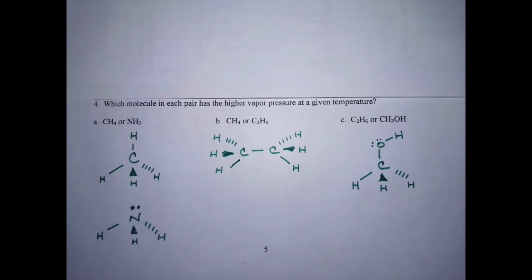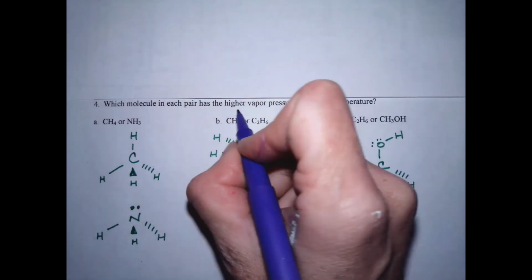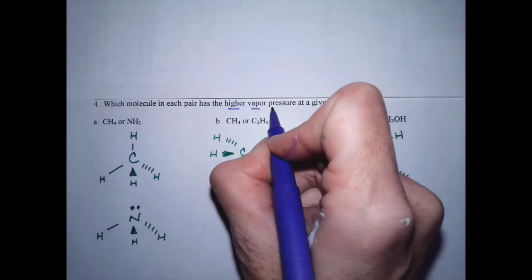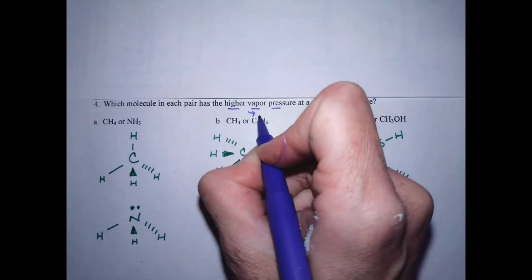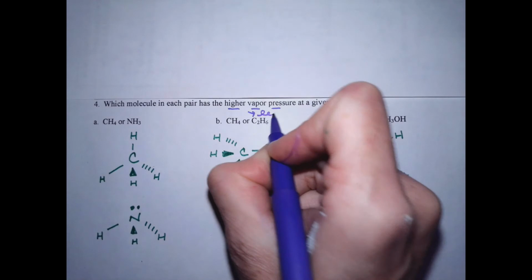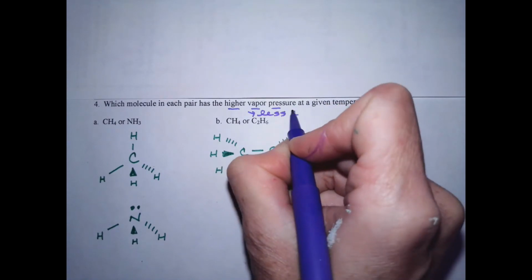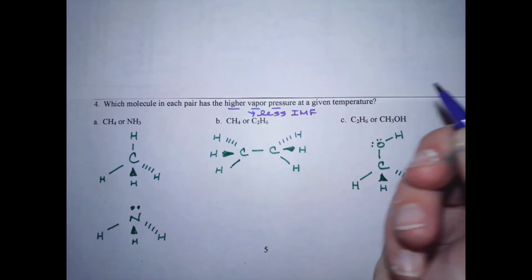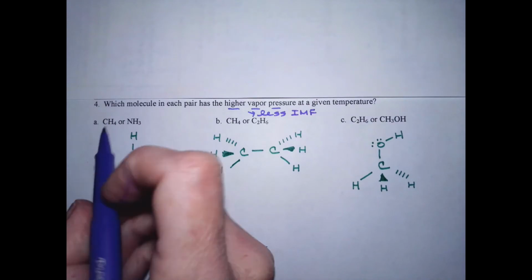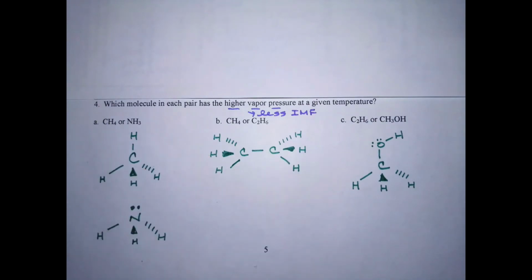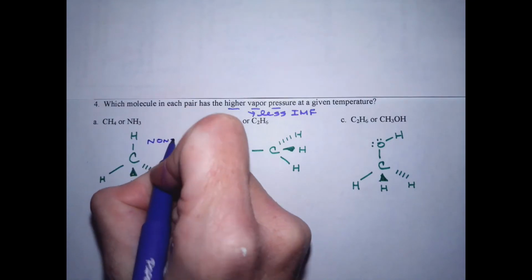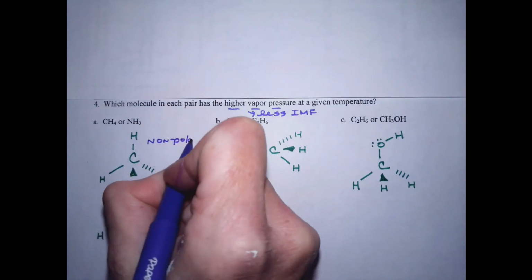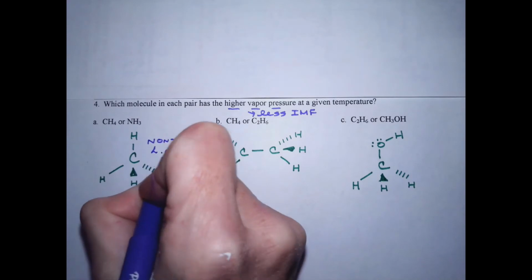In this problem, we're looking for the molecule with the higher vapor pressure. Higher vapor pressure is the one that's the indirect relationship, so we're looking for less intermolecular forces. Methane versus ammonia. So methane's nonpolar, therefore it will just exhibit London dispersion.